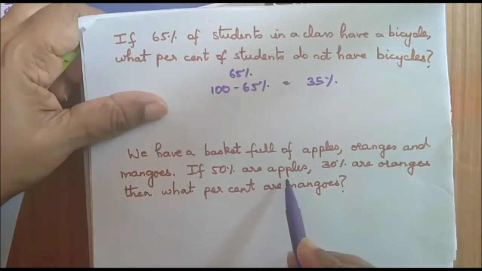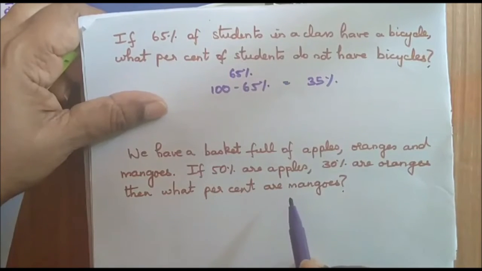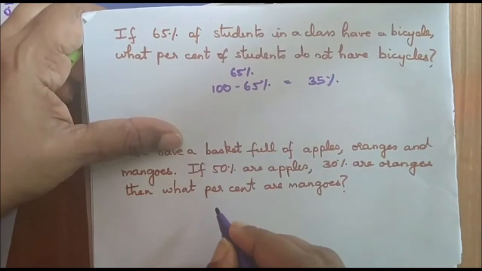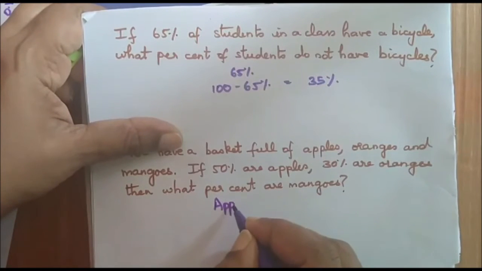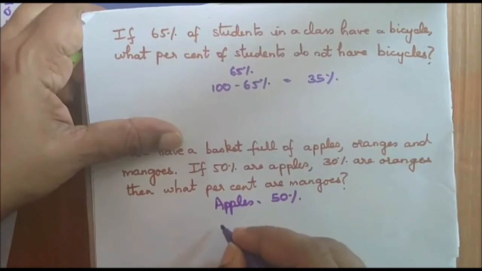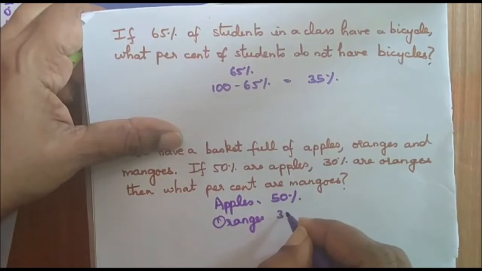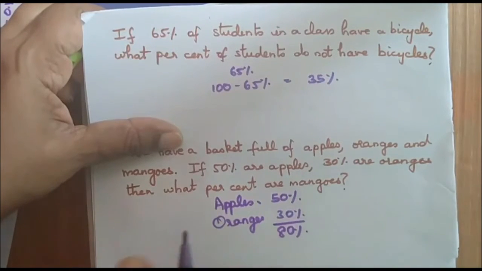Okay. We have a basket full of apples, oranges and mangoes. If 50% are apples, 30% are oranges, then what percent are mangoes? Apples is 50% and oranges is 30%. Together I will add them, it comes to 80%.